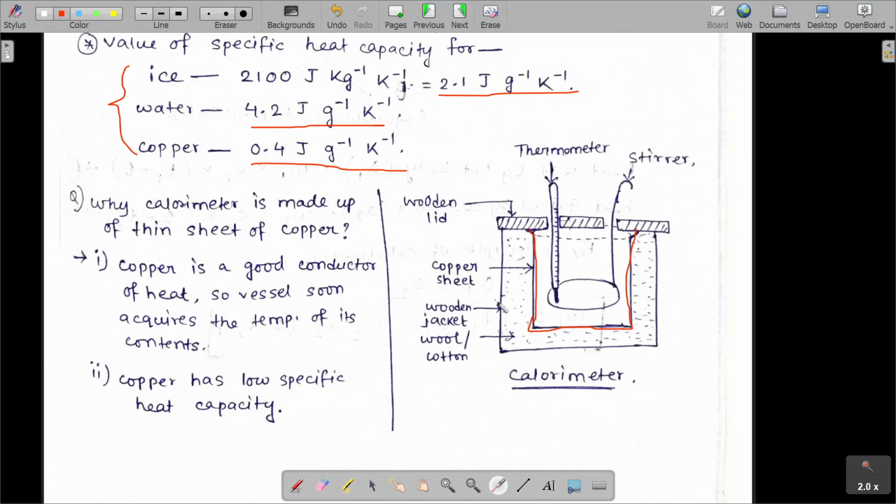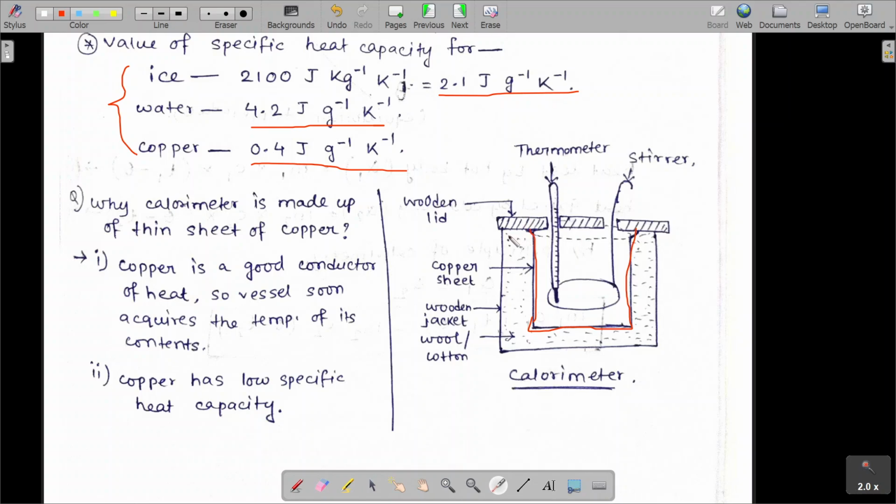by radiation. The space between this copper sheet and the wooden jacket is to be filled with insulating substances like wool or cotton, which will not conduct heat, and this will help us to reduce the loss of heat energy by conduction.